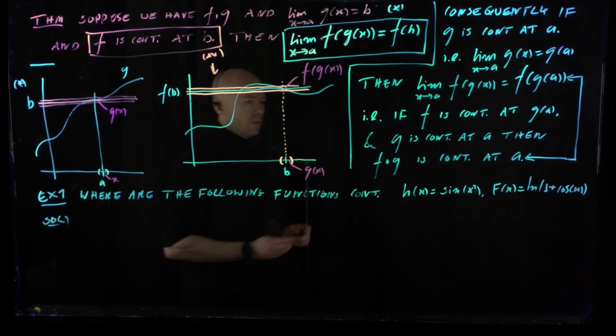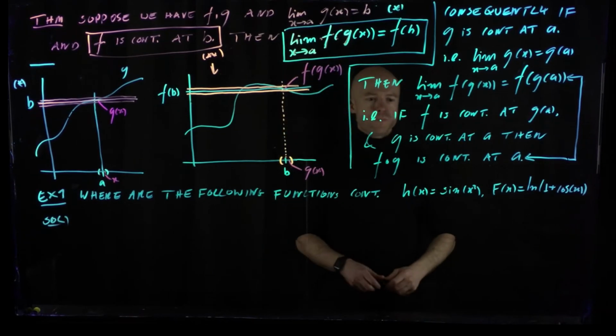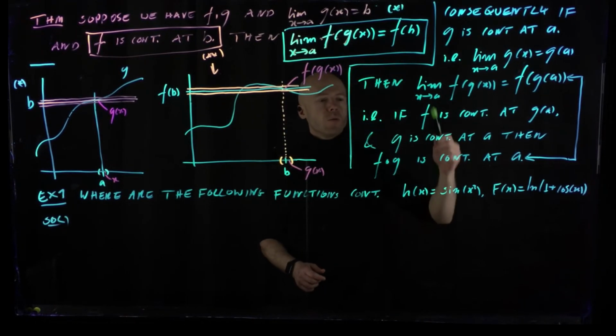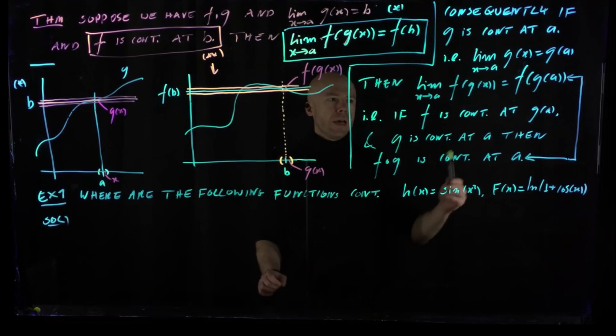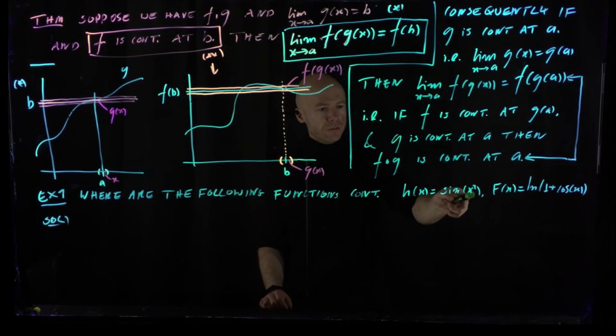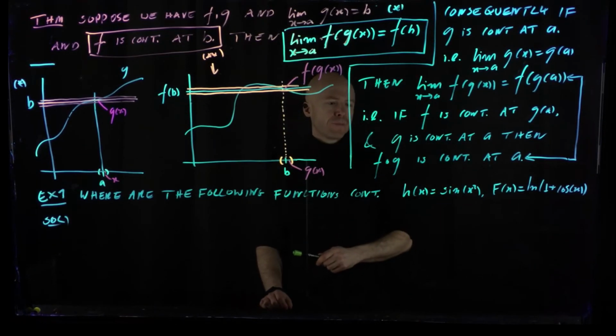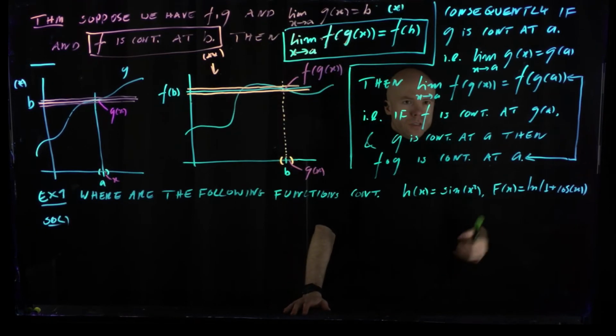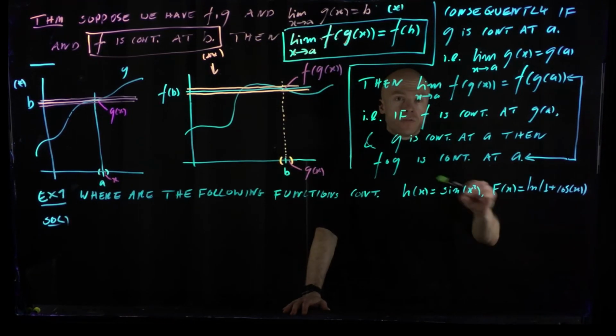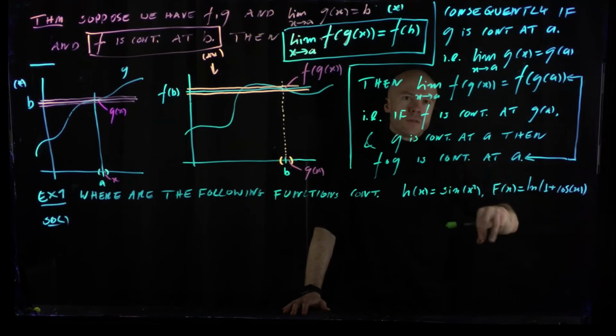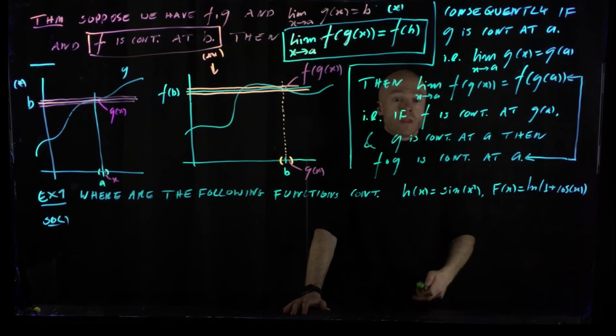Okay, h shouldn't be too hard, because from what we learned, we are okay so long as, this is a composed function of x squared and sine, right? So as long as the inner function is continuous at A and the outer function is continuous at G of A, where G is the inner function, then we're fine, right?